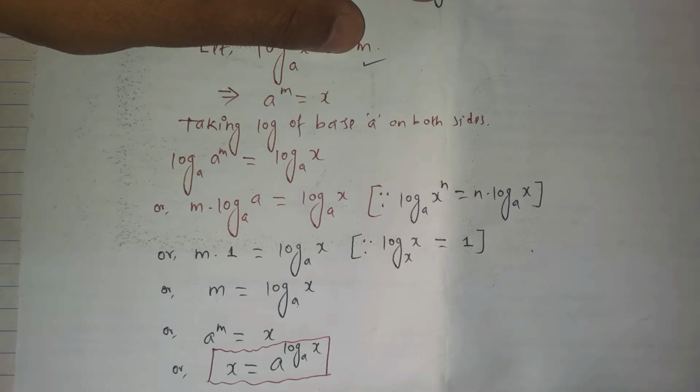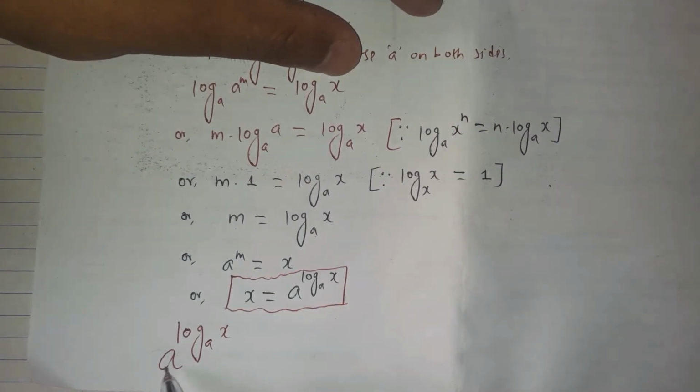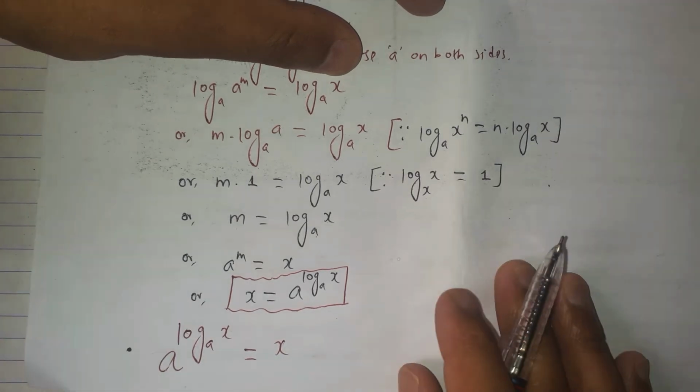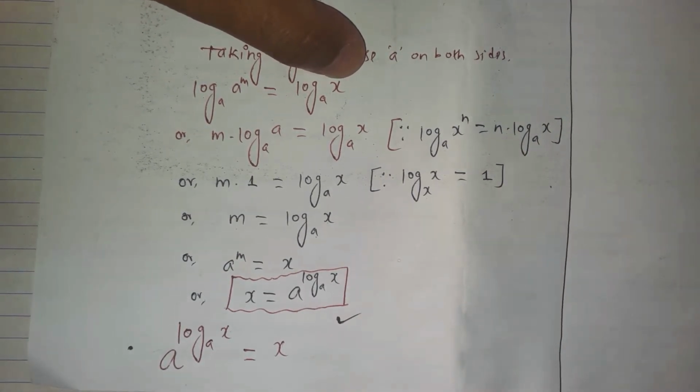This is a very important result: a to the power log with base a of x has the result just x. This part will be cancelled out, only x is left. This is a very important result. Please remember this formula. And this is the solution of question number 1.